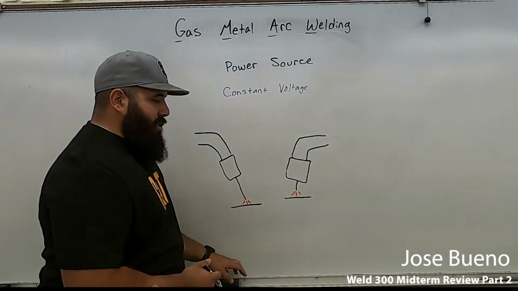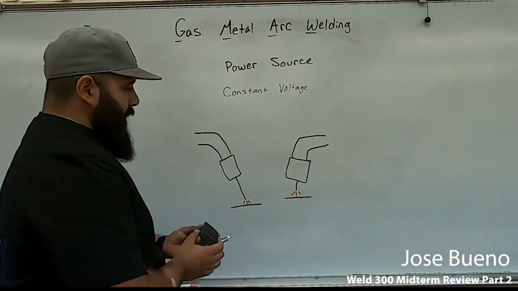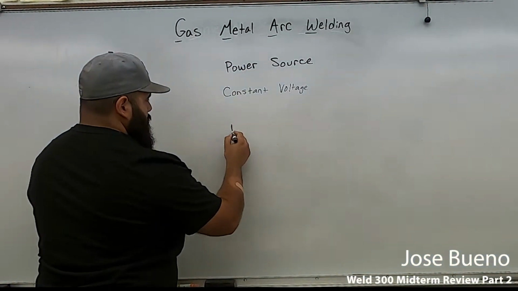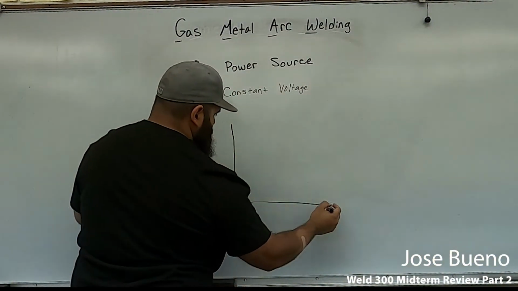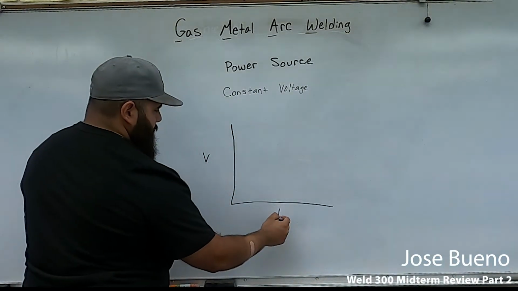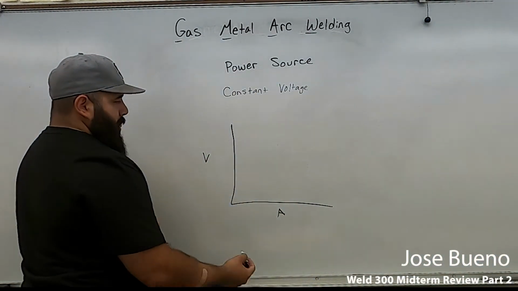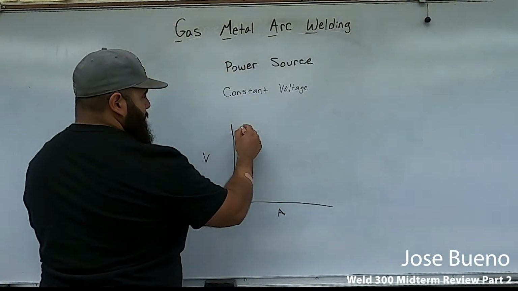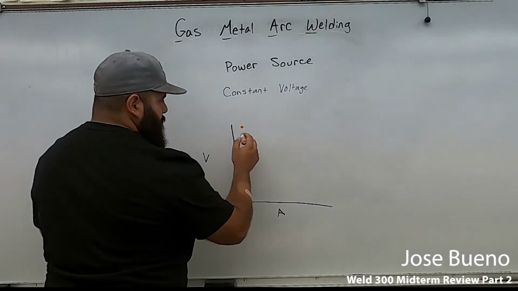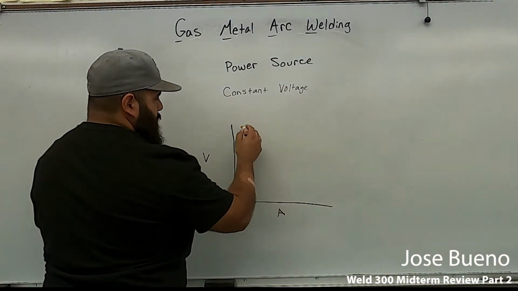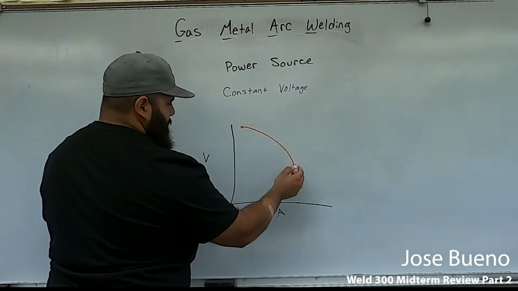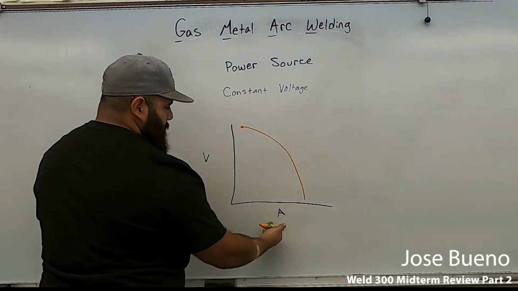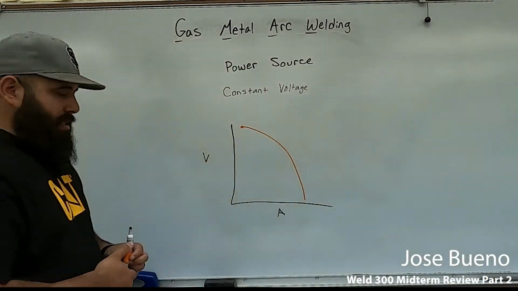So when we think back to the volt ampere curve, where we have volts on this side, amps down here. In SMAW, we would have a high open circuit voltage just to allow us to strike the arc. And then it drops down after the arc stabilizes and the machine focuses more on supplying a constant flow of amps.